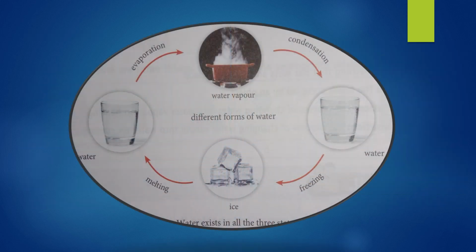You can see in the picture how water becomes vapor, that is evaporation. Then condensation happens, and it becomes water again, then freezing, ice, which means solid, then melting, and again water. Then this process continuously goes on. Because of that we get rain as well as ice, etc.